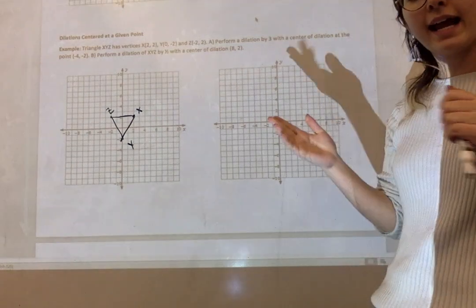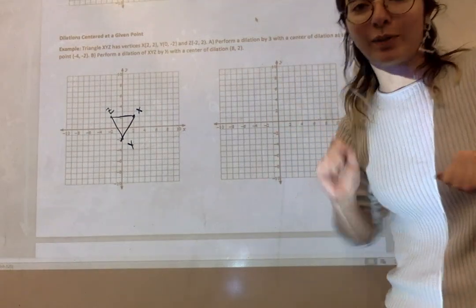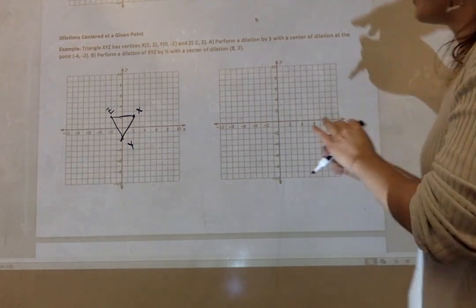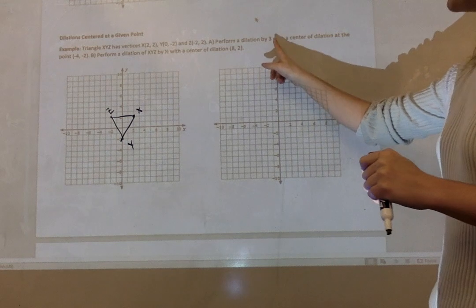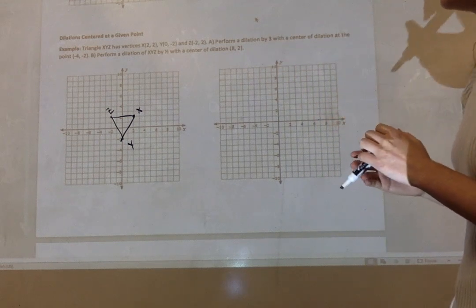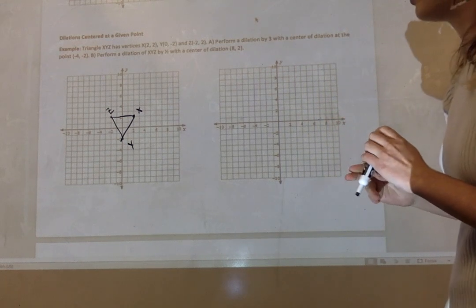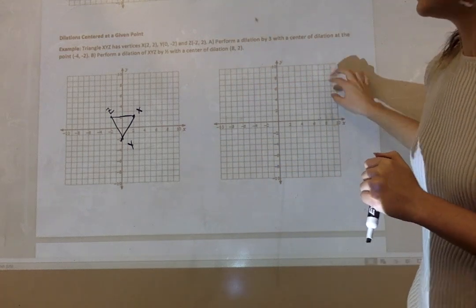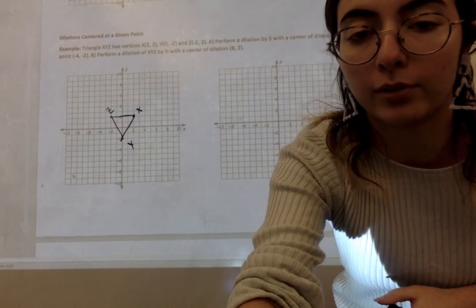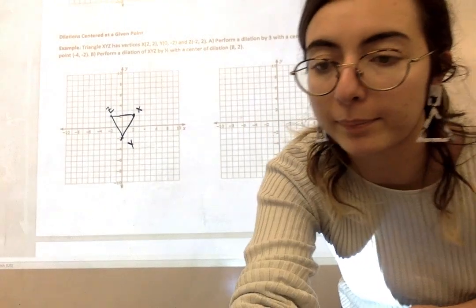All right, and we're at 8 minutes, not 20. All right. Now I'm being asked to perform a dilation by 3 with the center of dilation at a point I didn't want to do it at. I wanted to do it at the origin. So I'm going to say how to do it at the origin, or I'm going to start a new problem. Sorry.